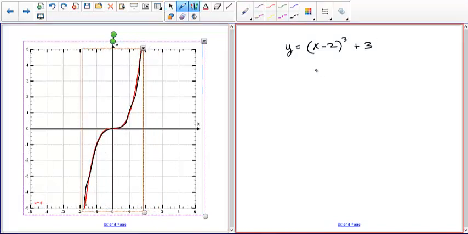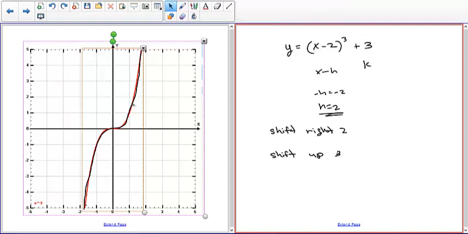We have x minus h, so negative h is equal to negative 2, h is equal to 2. Here we have k, k is 3. So what that means is shift right 2, because h is positive 2, and shift up 3, because k is 3.